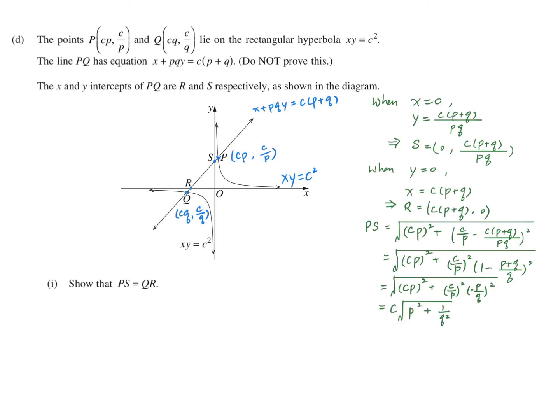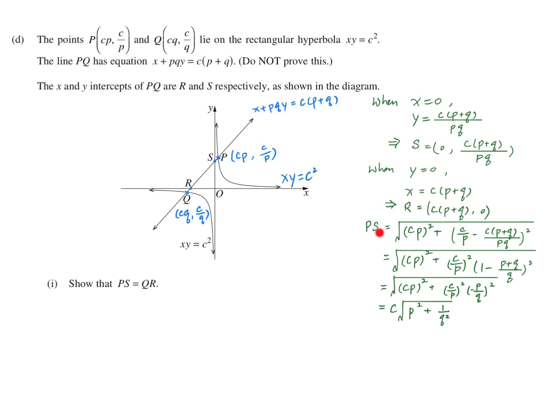In order to find the length of PS and RQ, we have to get the coordinates of S and R. S and R are points lying on this straight line. For the equation of this straight line, when the value of x equals 0, y should be equal to c times the sum of p and q over pq. Again, for the same straight line, when the value of y equals 0, x should be equal to c times the sum of p and q.